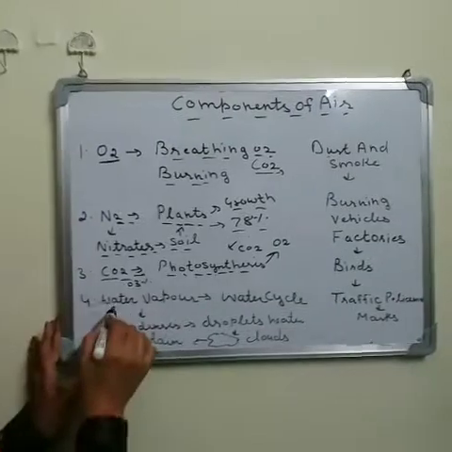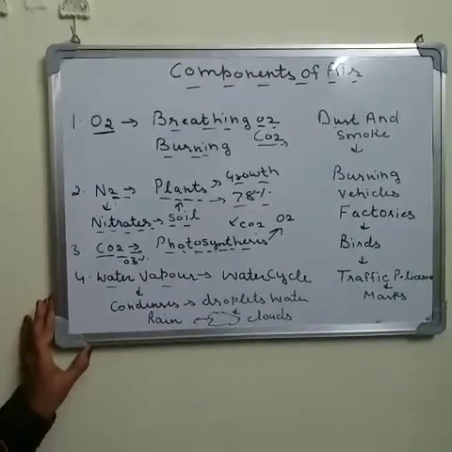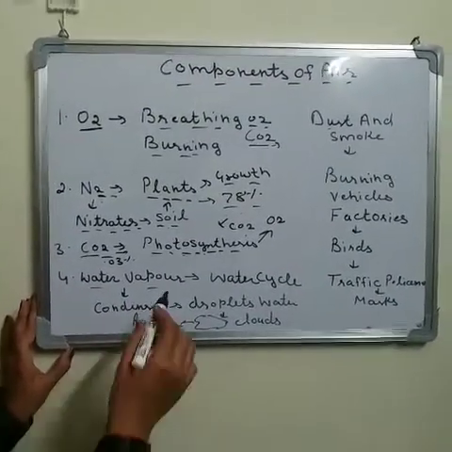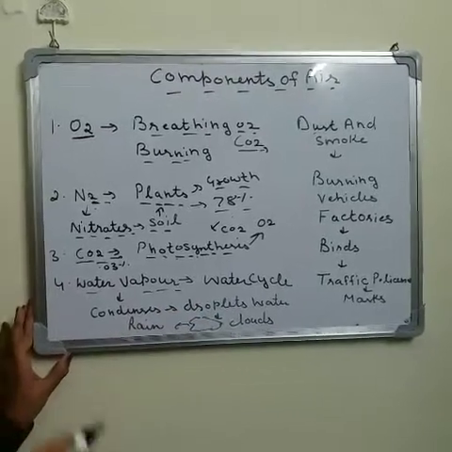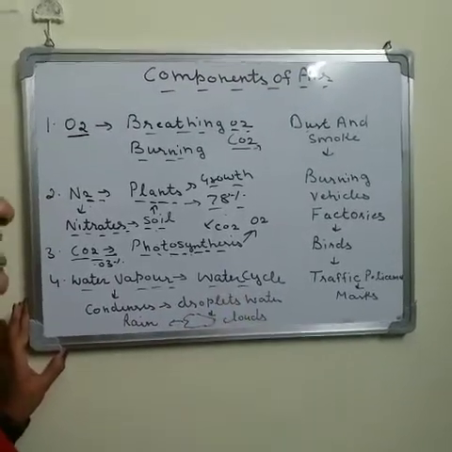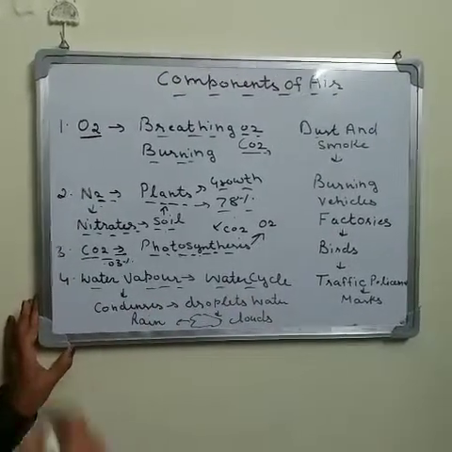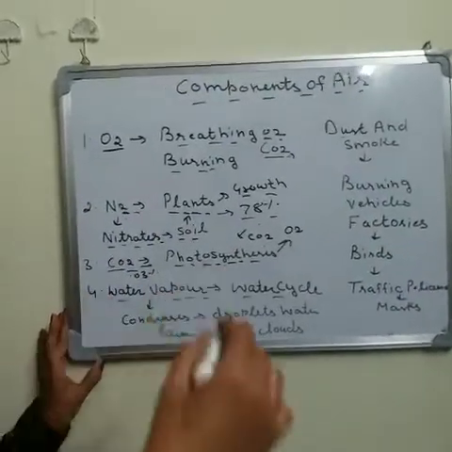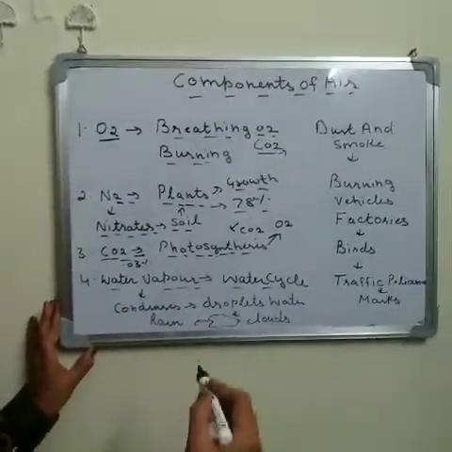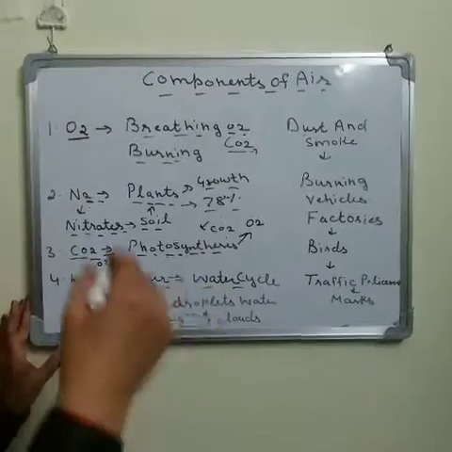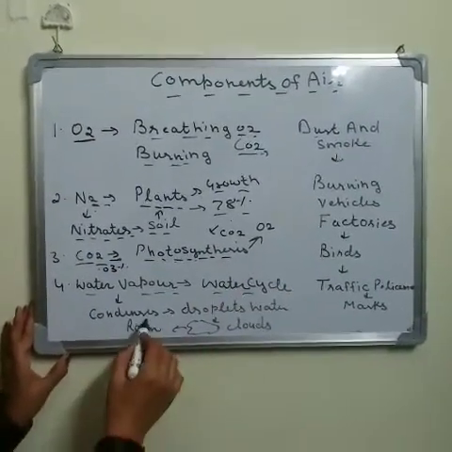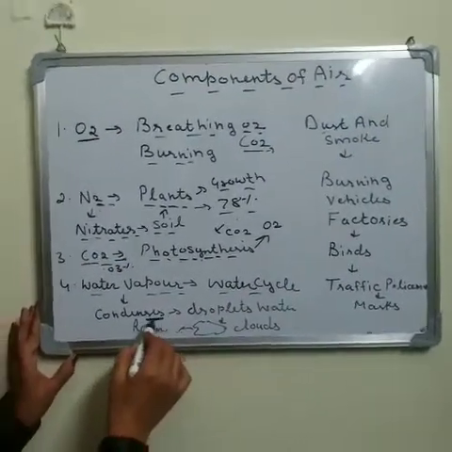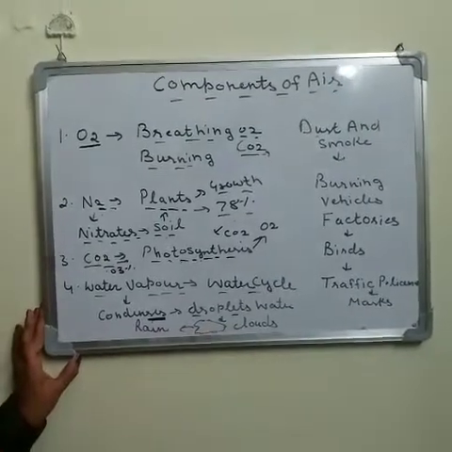Now, the next one is water vapor. Water vapor is also present in the air, and it plays an important role in the water cycle. The water cycle means replenishment of water. Water from the seas and oceans evaporates. After that, it condenses, and condensed water means droplets of water.